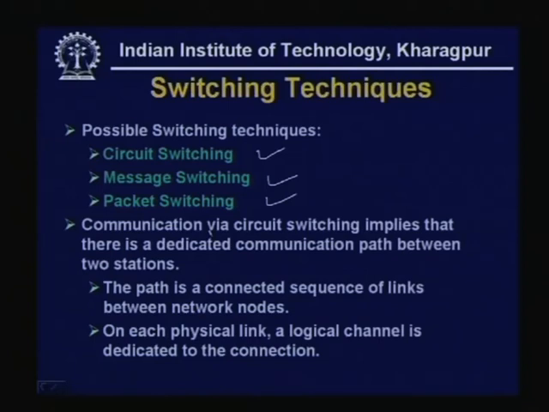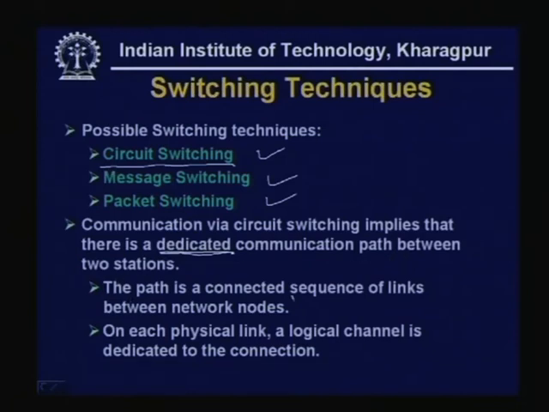In this lecture, as I mentioned, we shall be concerned with circuit switching, and communication via circuit switching implies that there is a dedicated communication path. I am highlighting this word dedicated, and it is important because without setting up a dedicated link, no communication is possible in a circuit switched network. So, a dedicated communication path between two stations.